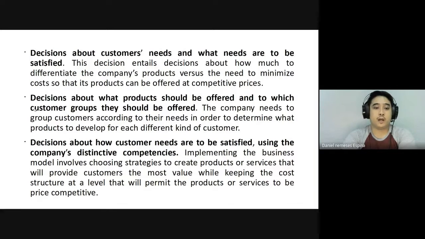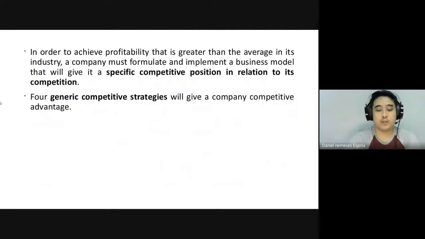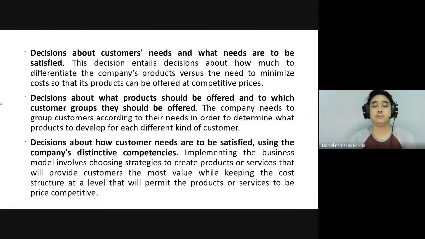So for example, you made a restaurant, for example a karinderya, and then your karinderya is near a school. So probably your target group is the students. And knowing the students' needs, they will not buy a very expensive product.